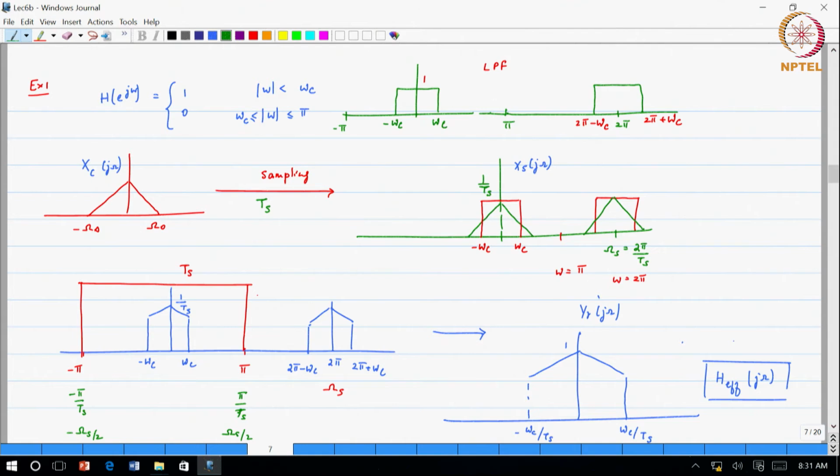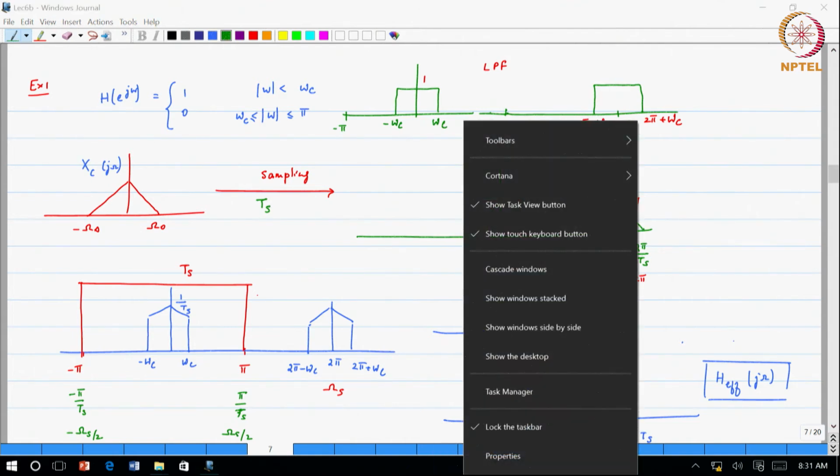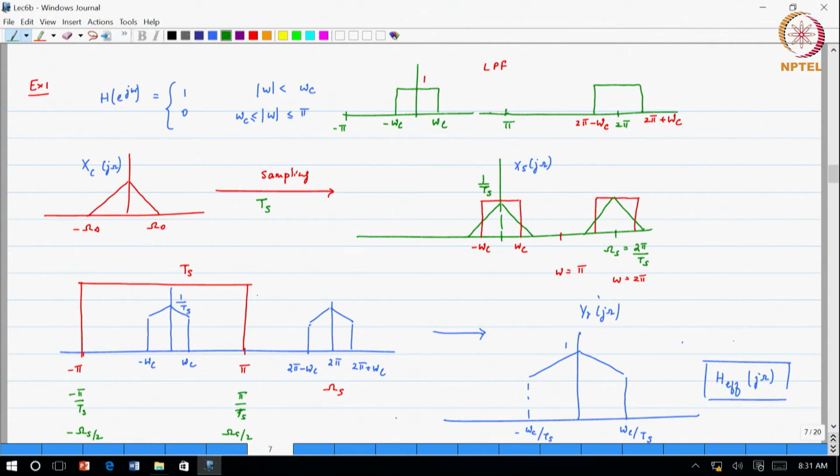Right, that is my discrete time filter. Now, if you were to think of the input spectrum, signal spectrum, as something that went from minus omega naught to omega naught, when I represent it after the sampling process, and I translated my signal.